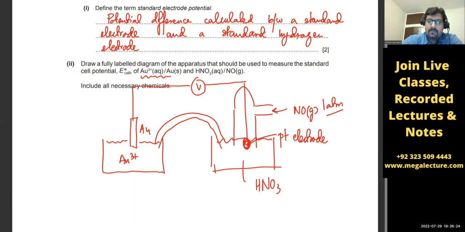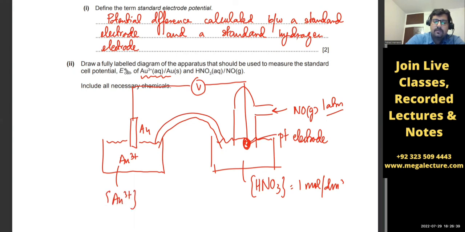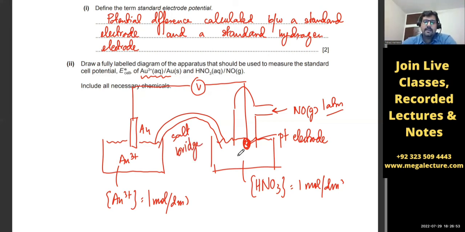He's using the word standard, there's a knot on top, so you're going to write that the nitric acid is 1 mole per dm cube. The Au3+ ions in the solution will also be 1 mole per dm cube. This one is your salt bridge, okay? So that's your diagram.